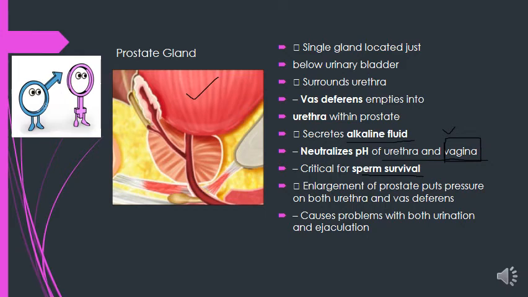Enlargement of the prostate puts pressure on both the urethra and vas deferentia, and causes problems in both urination and ejaculation. When the prostate gland increases in size, it will cause problems in both urination and ejaculation.